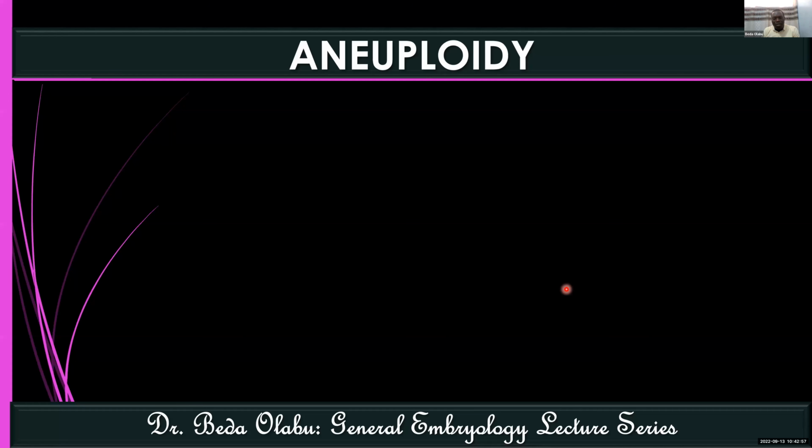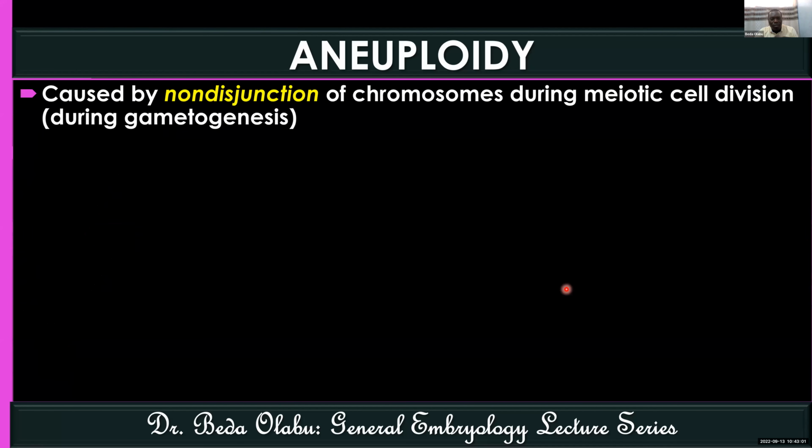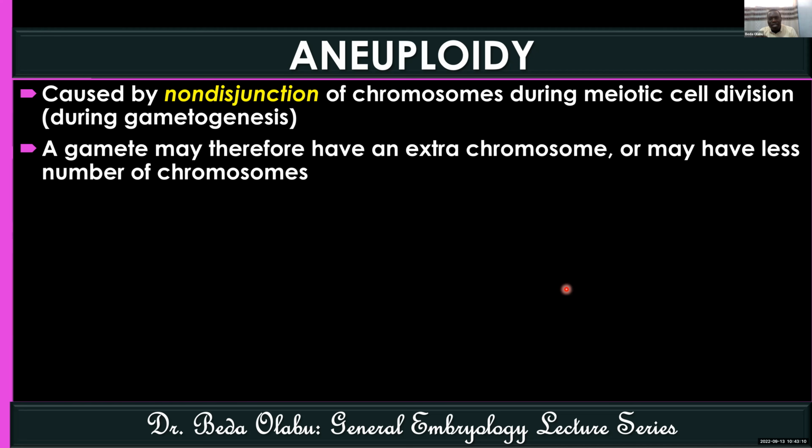Let's start with the numerical chromosomal disorders. We mentioned it last week, though. Numerical chromosomal disorders are caused by non-disjunction of chromosomes during meiotic cell division, which means the division that occurs within the gametes. So if you have non-disjunction of chromosomes, it means that the daughter cells will have either an extra chromosome or lacking one chromosome.